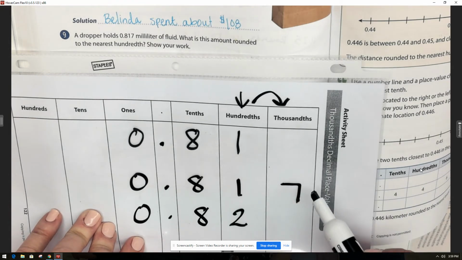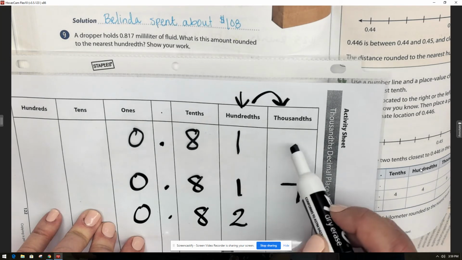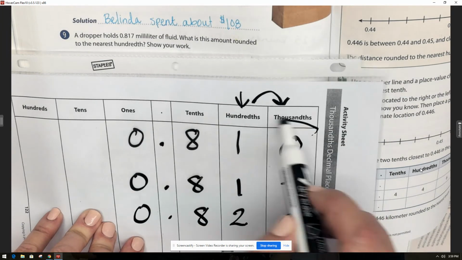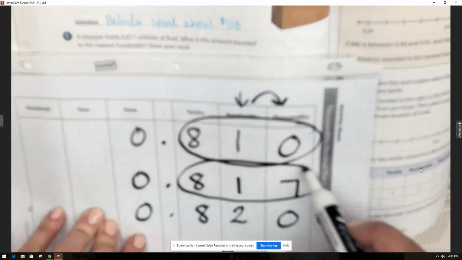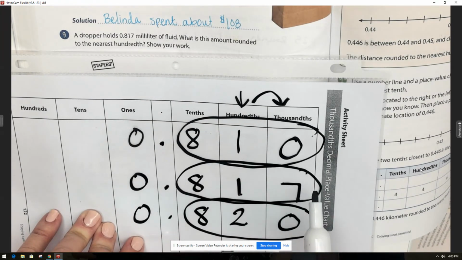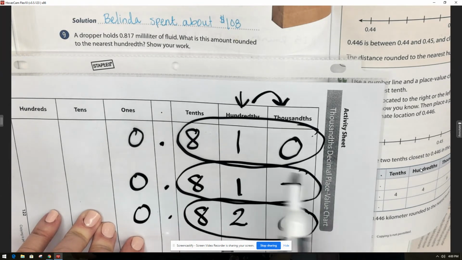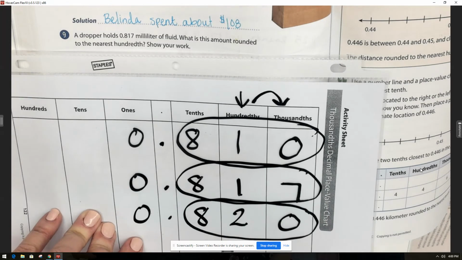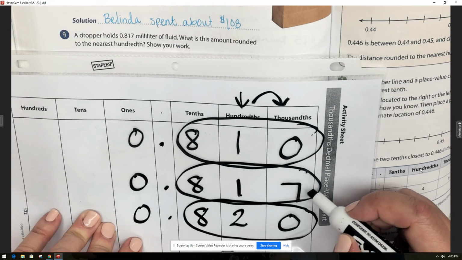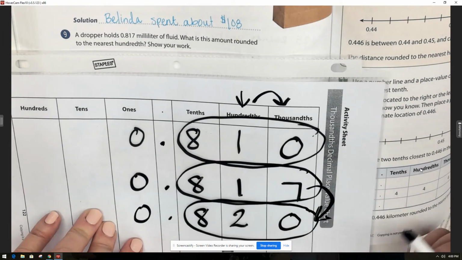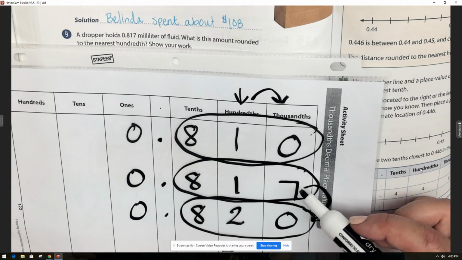Then I'm going to put in some placeholder zeros, and then I'm going to look at these three numbers. I have 810 thousandths, 817 thousandths, and 820 thousandths. Is 817 thousandths closer to 810 thousandths or 820 thousandths? Well, I know that since this 7 is greater than a 5, we're going to round it up, because 5 or more, up the score, 4 or less, let it rest.